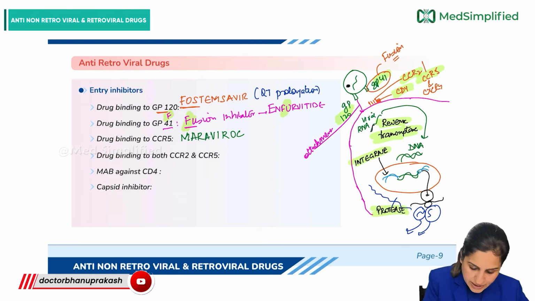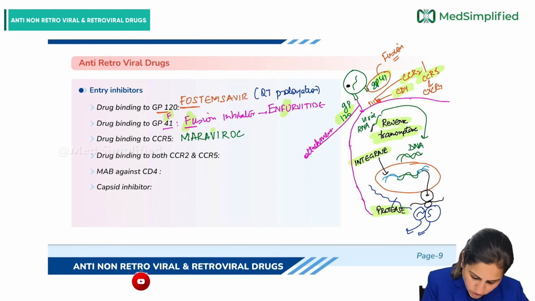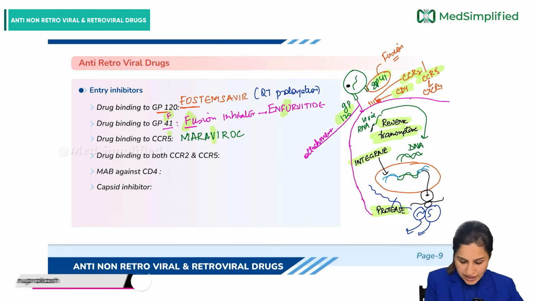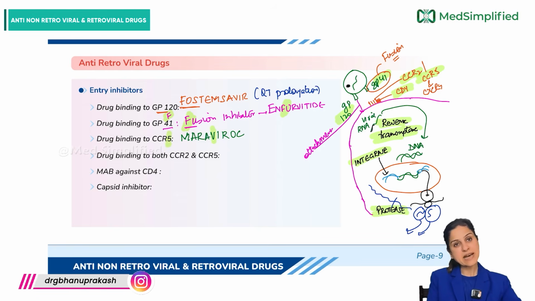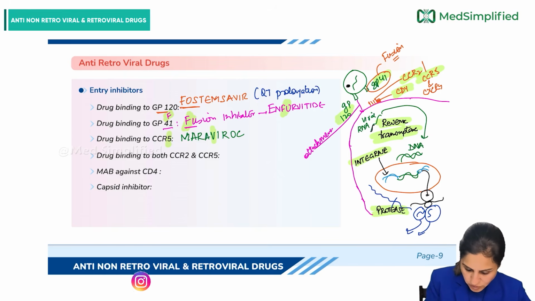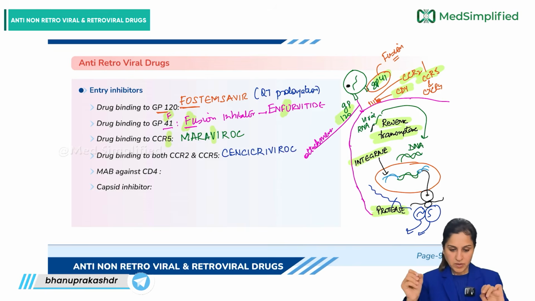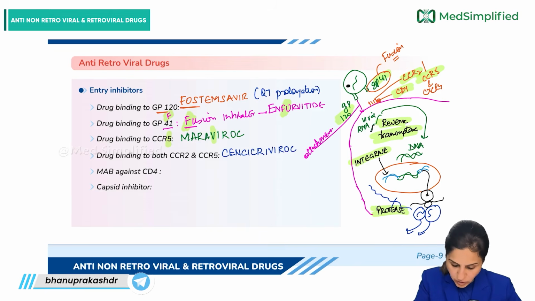Also there's another way to remember this. Maraviroc: V stands for 5 in Roman numbers. This is 5, and so this is only CCR5. The drug which blocks both of them has a longer name. So what is that name? It is cenicriviroc. Right?